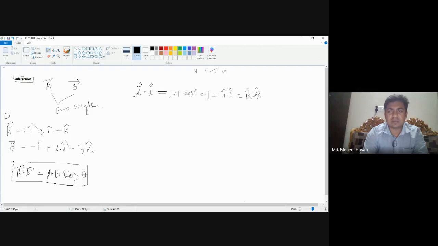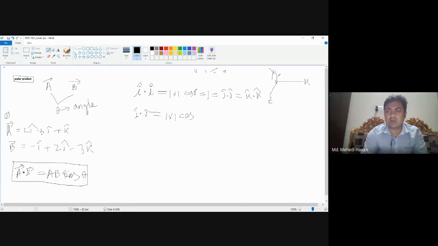Okay, so this is for the dot product of similar vectors. Now if we consider different unit vectors, just like I dot j, in this case magnitudes are 1 into 1, but the angle between I and j is 90 degrees, because in a three-dimensional coordinate system, x, y, and z coordinates are perpendicular to each other.